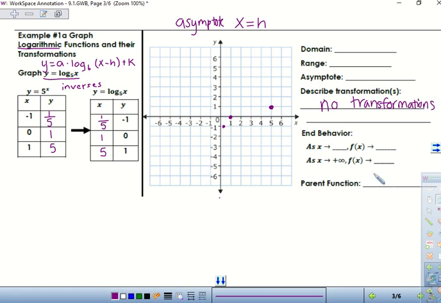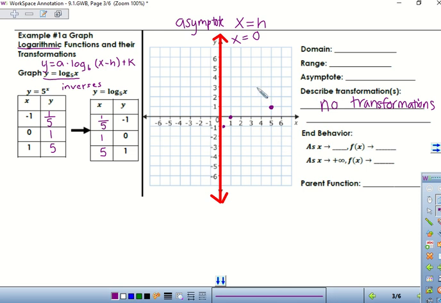Okay. Now, that is going to help us determine our asymptote as well. So what would our asymptote be here if we don't have an h? H equals 0. X equals 0 is the same thing as the y-axis, okay? So this is the line x equals 0, all right?